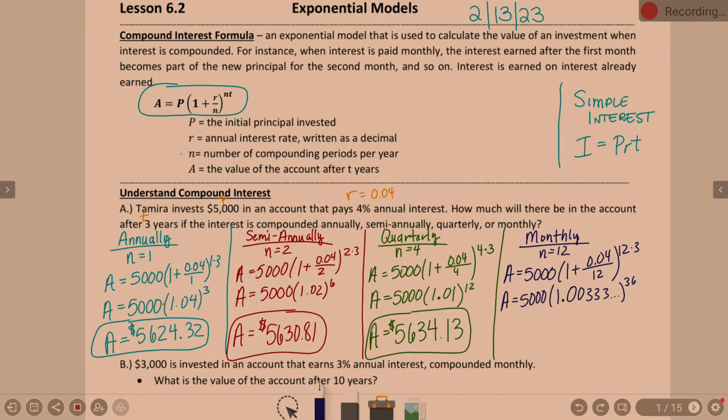So if I do that 0.04 and divide it by 12, there's that 0.003333, right? Now, I can go ahead and add 1 to that. So now I have 1.00333. What can I go ahead and do from there? Raise it to the power of 36.